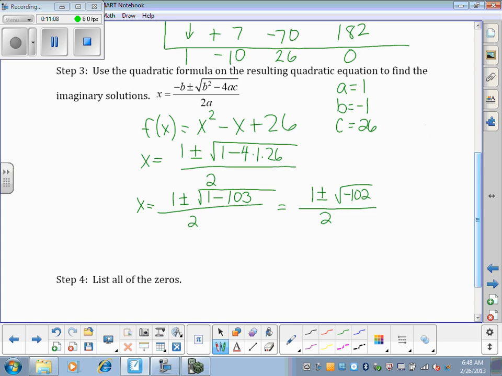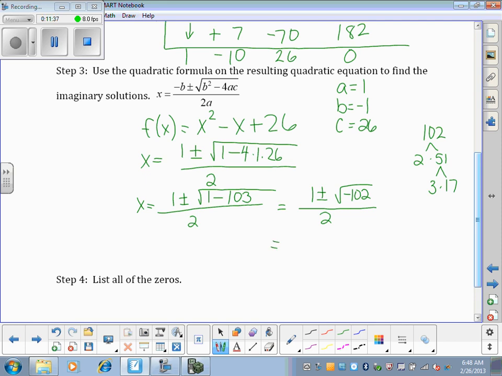Now, the square root of 4 can be reduced; it is 2.